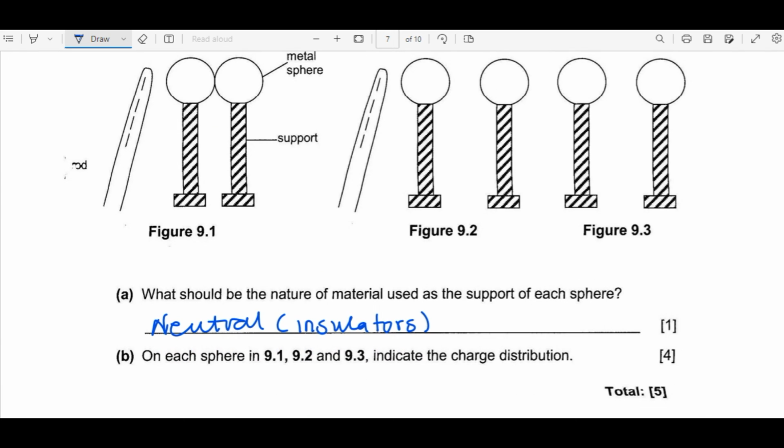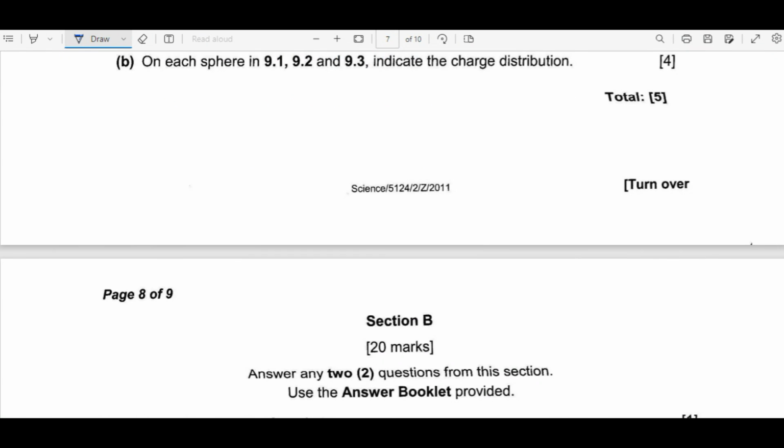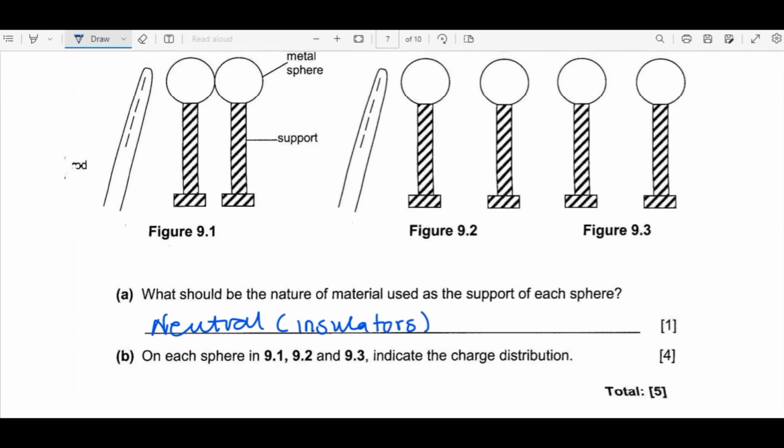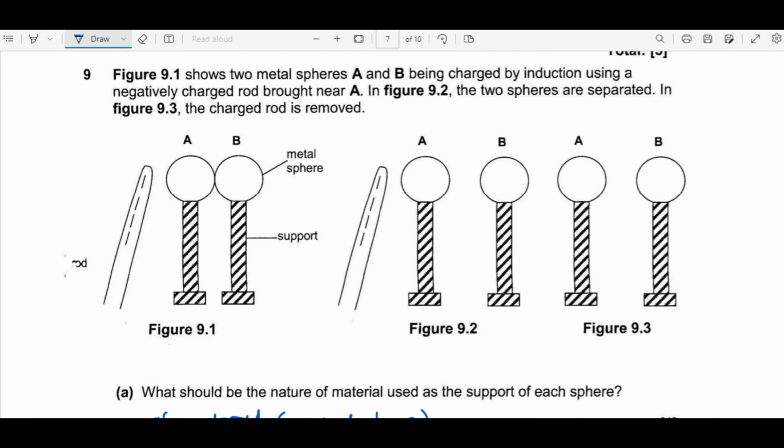Then on each sphere separated in 9.1, 9.2 and 9.3, indicate the charge distribution. So how can we look at the charge distribution? For this one, since the rod is negative, here we are going to have plus, plus, plus, plus, plus, minus, minus, minus, minus, minus, plus, plus, minus, minus, minus, minus, minus.